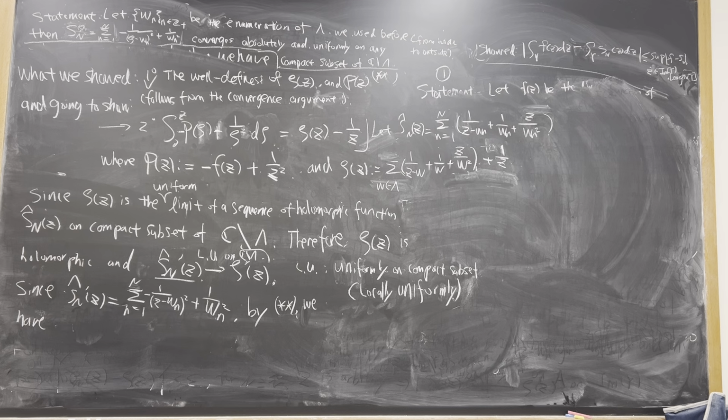So how can I deal with 1 over z? I think I can handle it by using zeta z minus 1 over z, right?